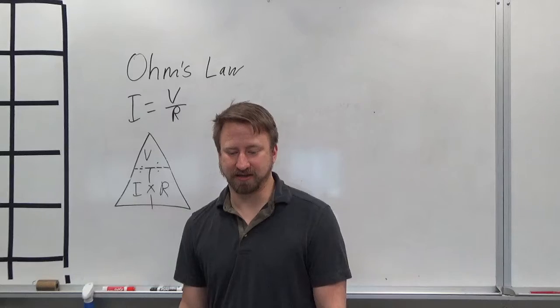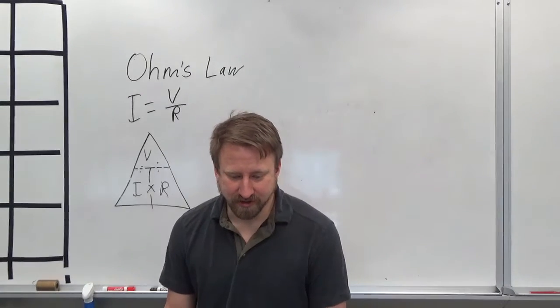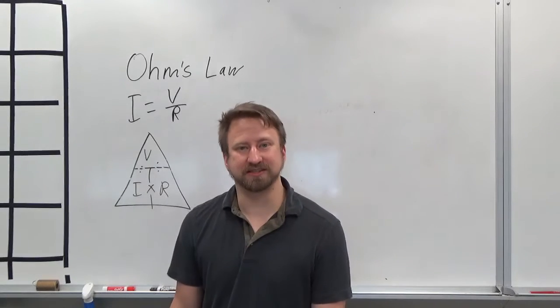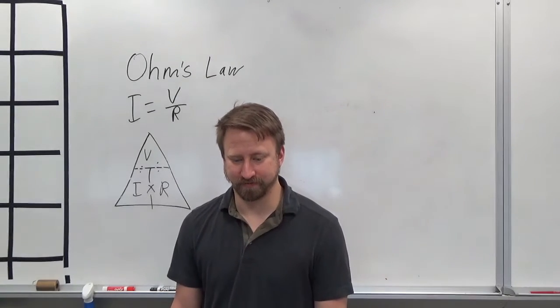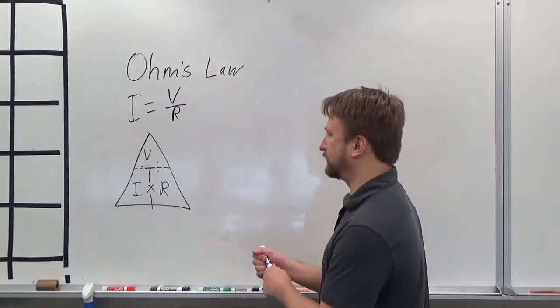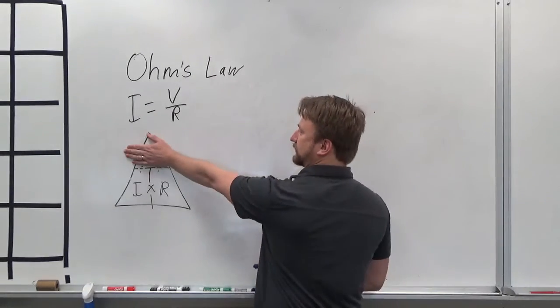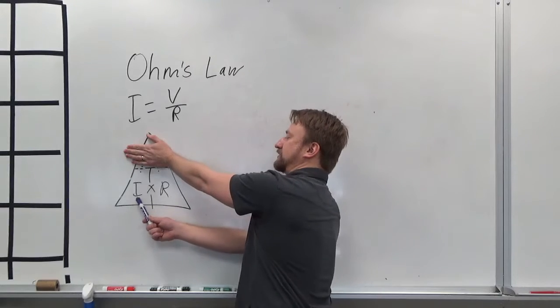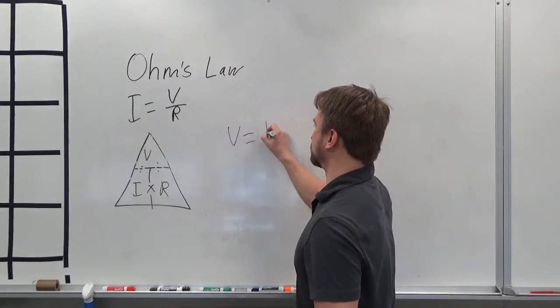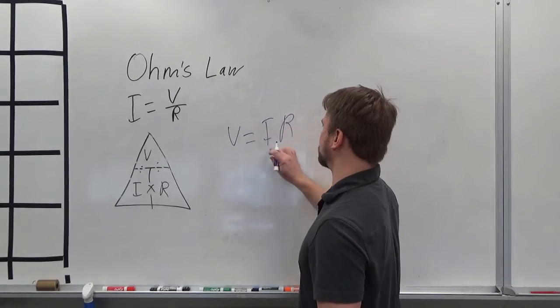If the resistance of the oven's circuitry is 19.2 ohms, what is the voltage? So we're going to solve for voltage, right? We want voltage, so we're going to have current times resistance. So we have volts equal current times resistance.